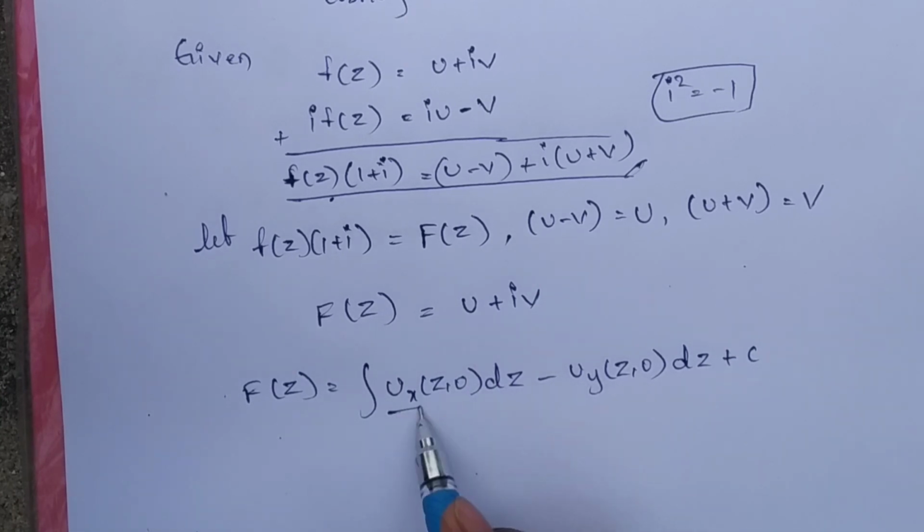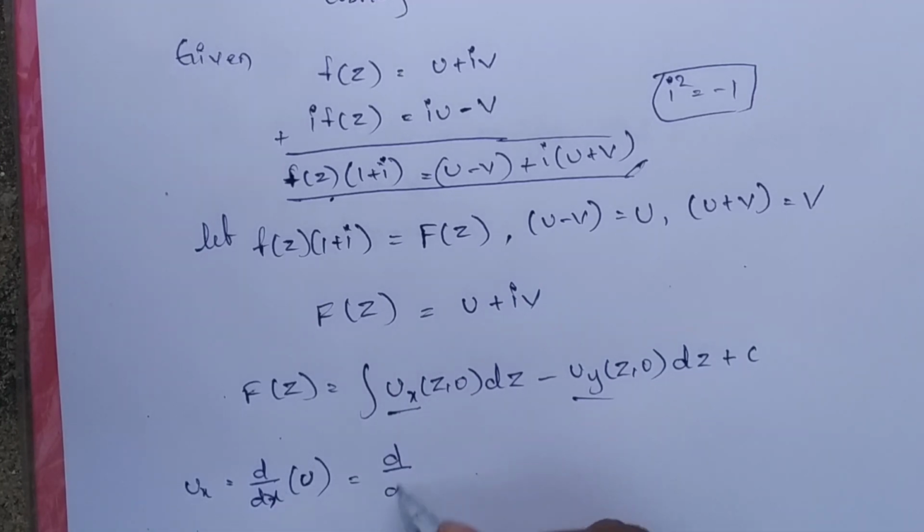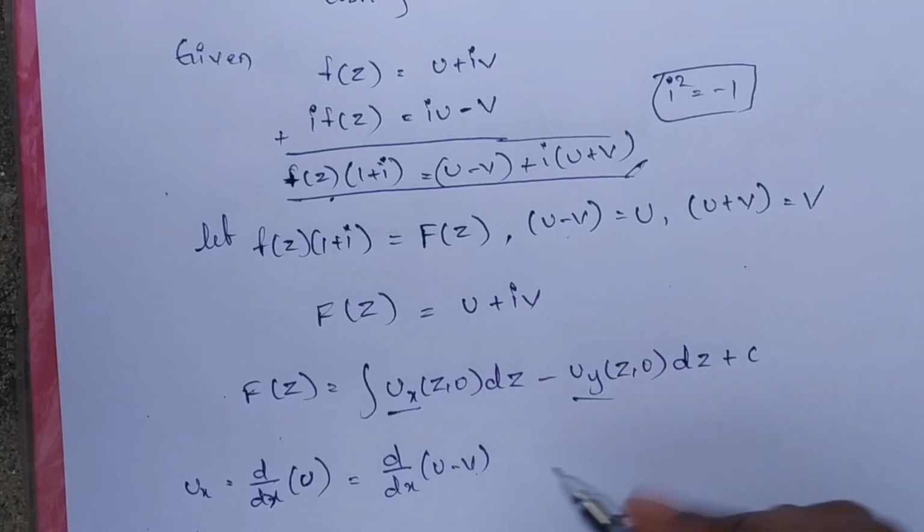First we have to find ux and uy. Ux is nothing but the differentiation of u with respect to x. Here u is u minus v, right? From above, capital U is u minus v.